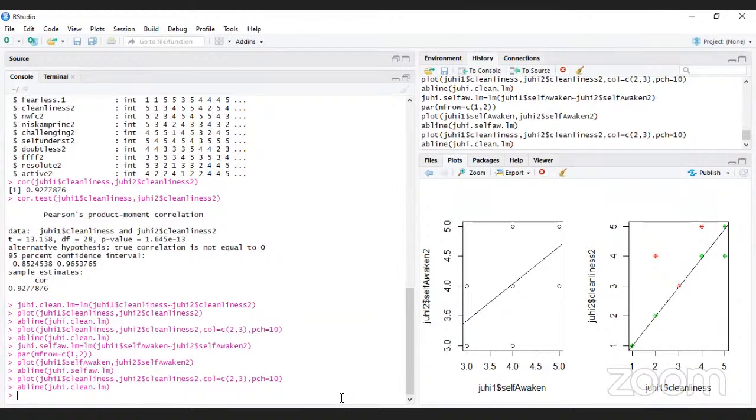Since the correlation coefficient is low, therefore the intercept starts from here. So that is the intercept. Okay. And you will find that only one score is on the best fit line.